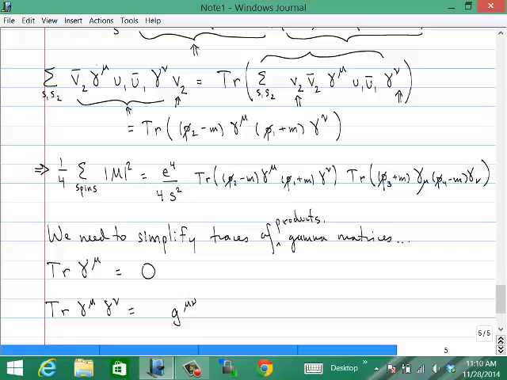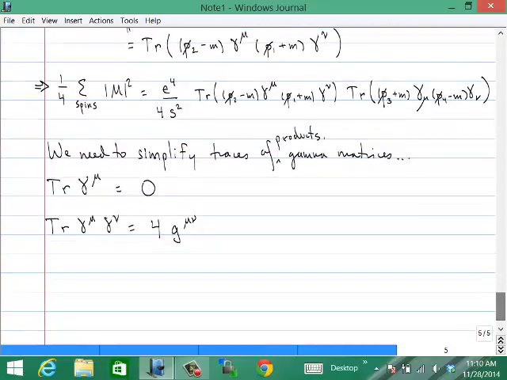And the coefficient you can compute either by choosing your favorite basis and computing one example and checking what the coefficient is, or you could use the fact that gamma mu gamma nu is equal to 1/2 of the anti-commutator of gamma mu with gamma nu, and then use the cyclic property of the trace to relate that to the trace of gamma mu gamma nu. And using the Clifford algebra, you'll get a factor of 4 there.